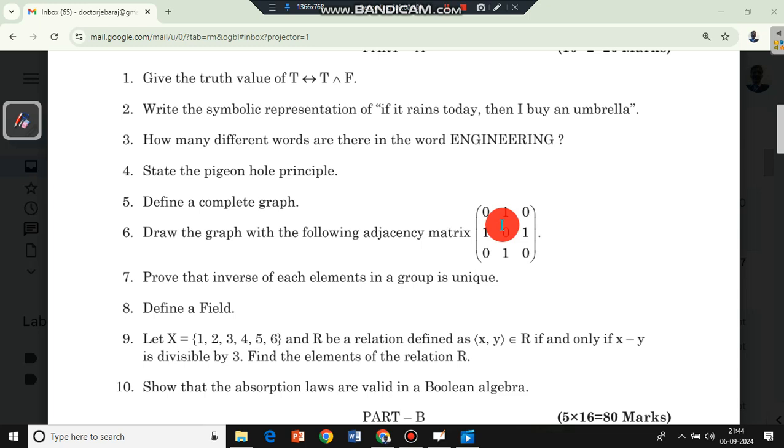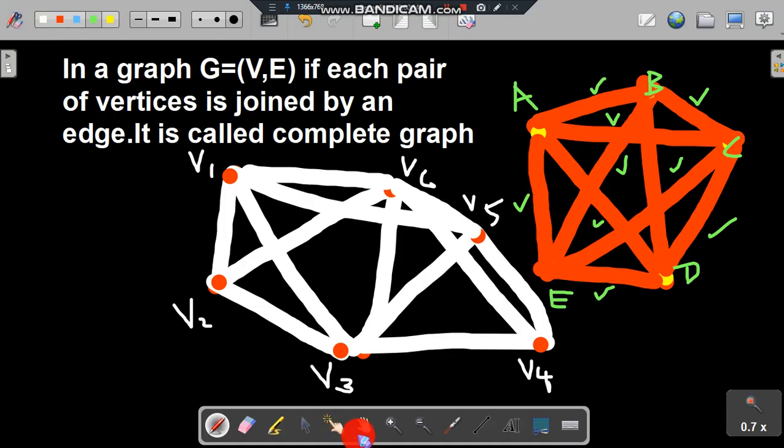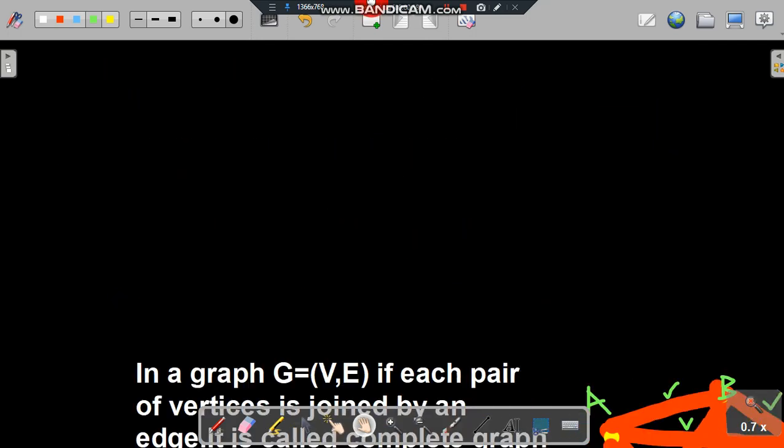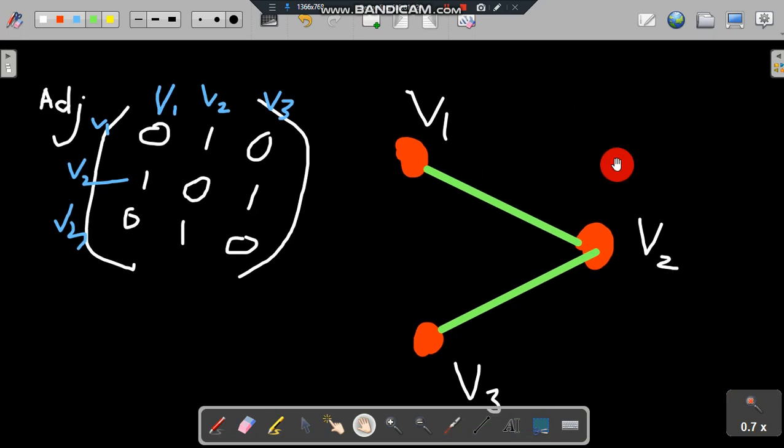Okay, now look at that. Come to the blackboard, and yes, now in this the problem is this. Now look at that. The given graph is this. Am I correct?